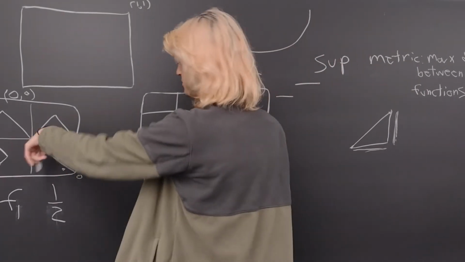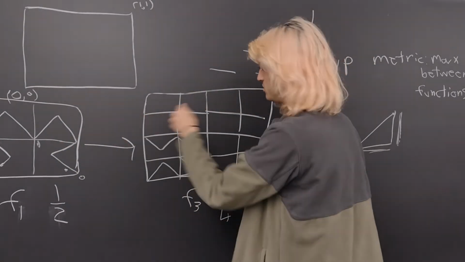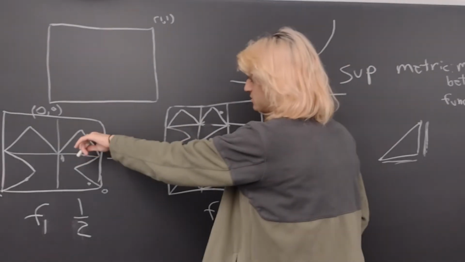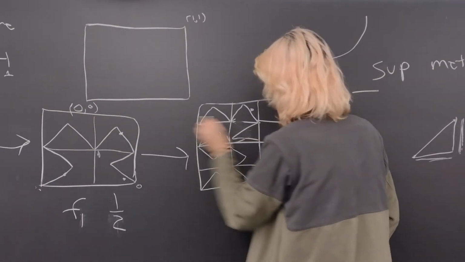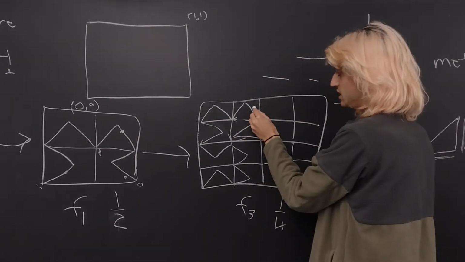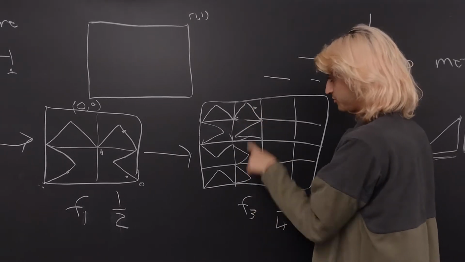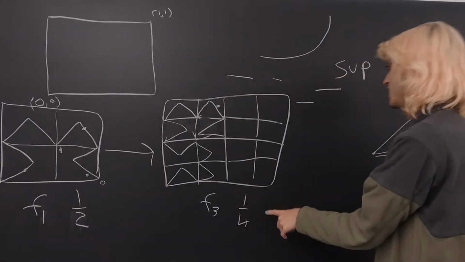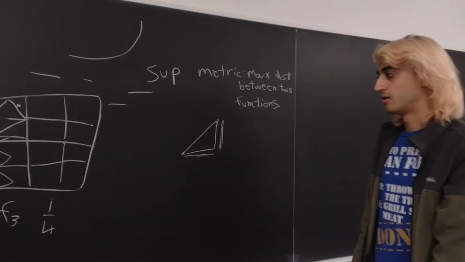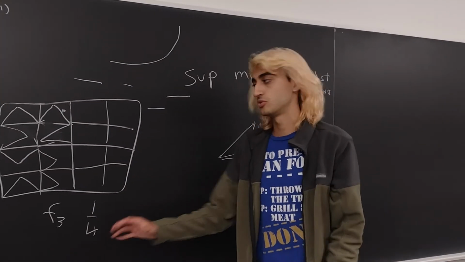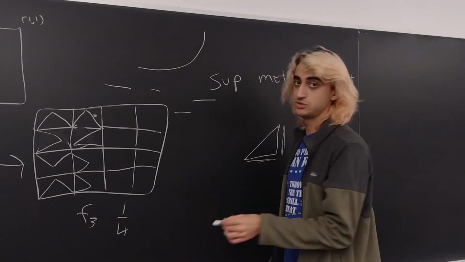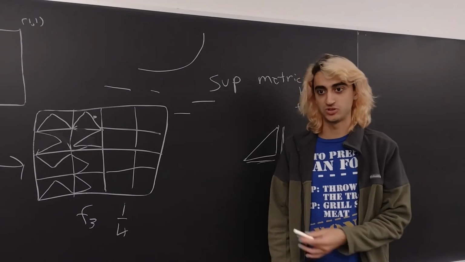So any point on this function is going to go through one of these squares, say it's here. Say we're looking at this point. This point is going to be in this small square. This F3 is also going to be inside this small square. So again, the maximum possible distance is 1/4. As we keep going, this distance keeps getting smaller. So for any two adjacent functions, the maximum distance is going to be 1 over 2 to the n. 1 over 2 to the n gets arbitrarily small.